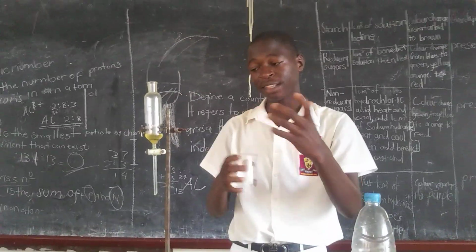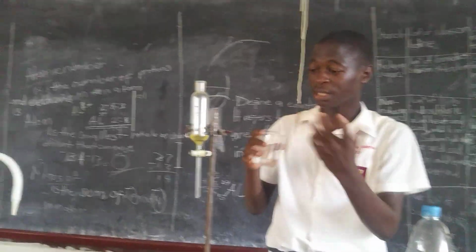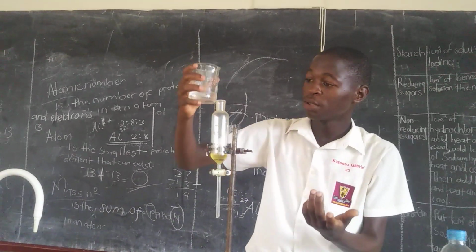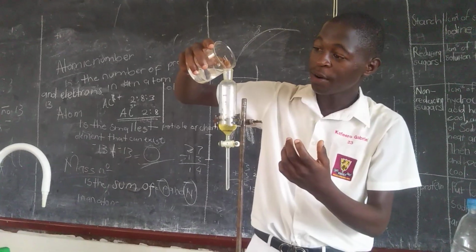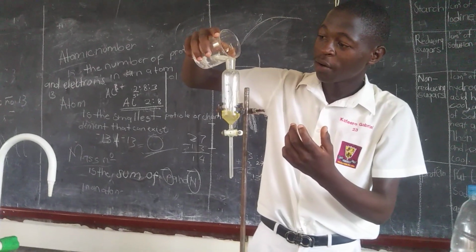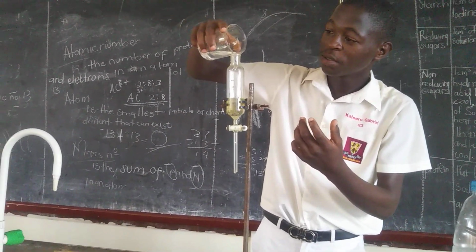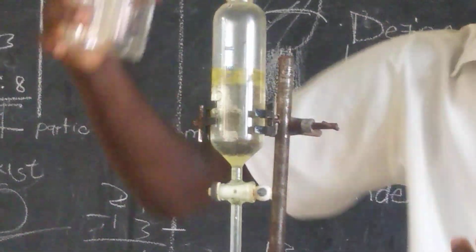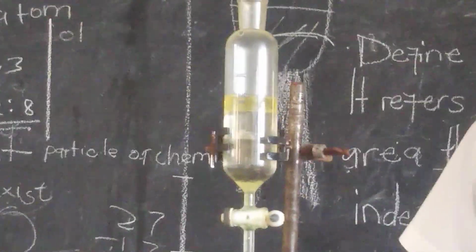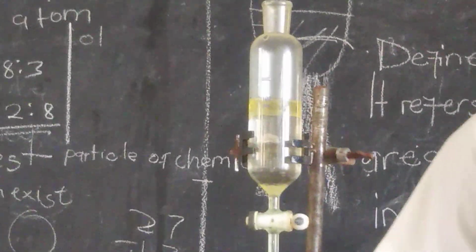We'll see whether it will give us the same result, or this time a different result. Now as you see, when I pour it out, because this time the cooking oil was at the bottom of the separating funnel, you can see the result that it's giving us.